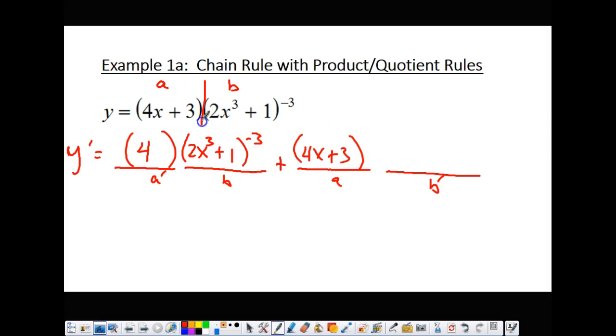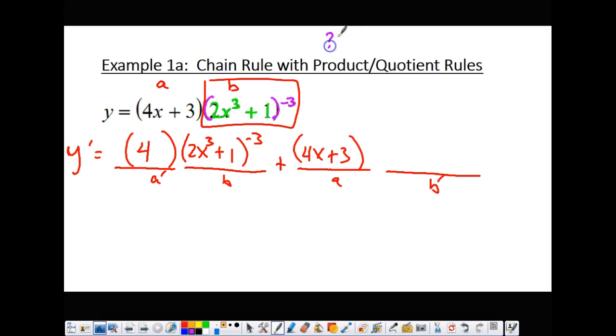So this is where I need to do what? That's a chain rule, right? Because I've got an inside function and I have an outside function. So the chain rule, which we learned yesterday, is the derivative of the outside, don't change the inside, multiplied by the derivative of the inside. So my outside function is something to the negative 3.